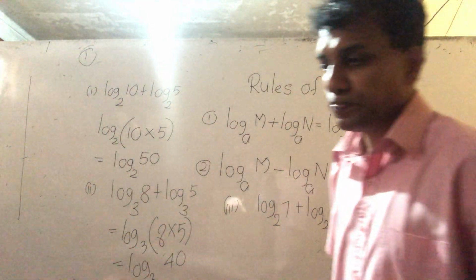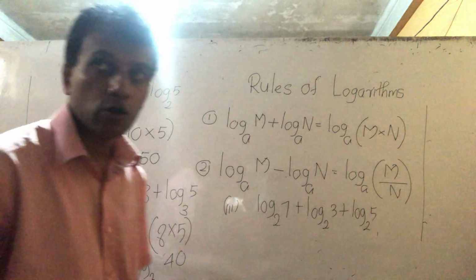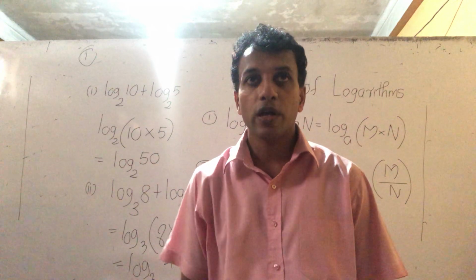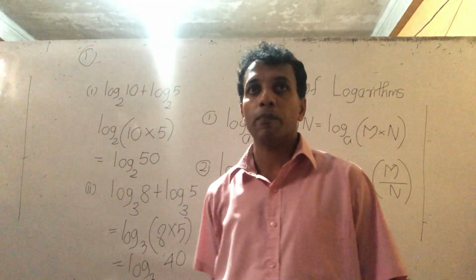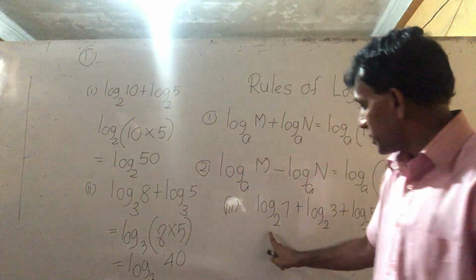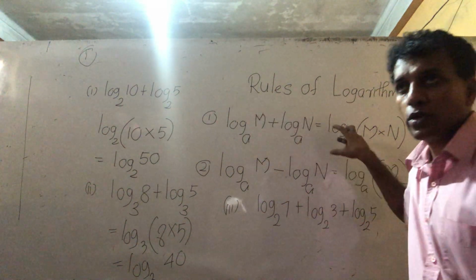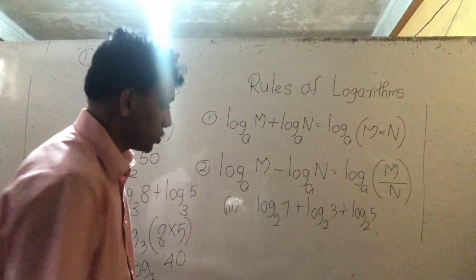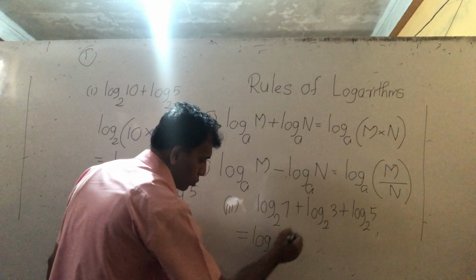See the next question. That's the third one in your lesson book, your grade 10 part 2 book, reference. If any problem, stop the video, go through my first video and see properly all the definitions of indices to logarithm, logarithm to indices, and how to solve that. So you see base 2, base 2, base 2, all addition. So rule number 1: not only 2 values, for any number of additions you can apply the rule. So what is the answer? Take logarithm base 2 out.